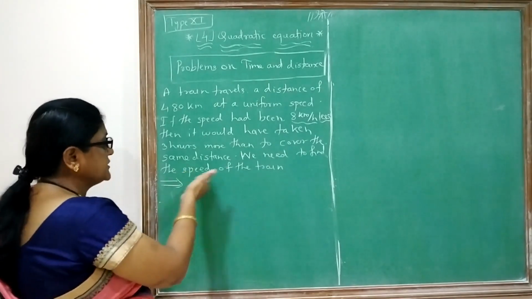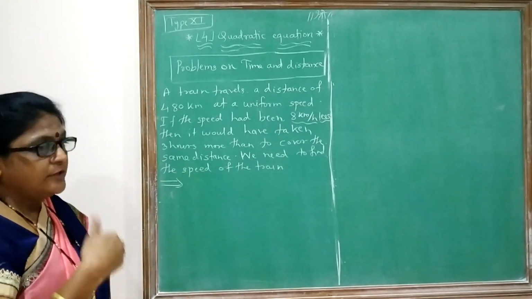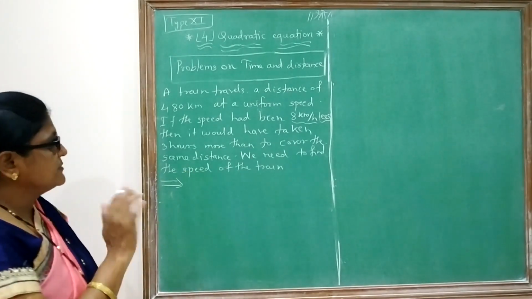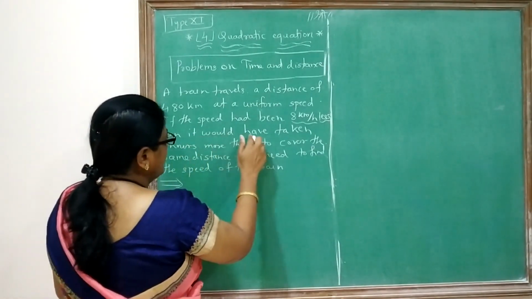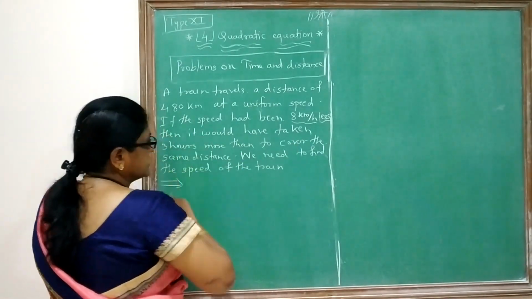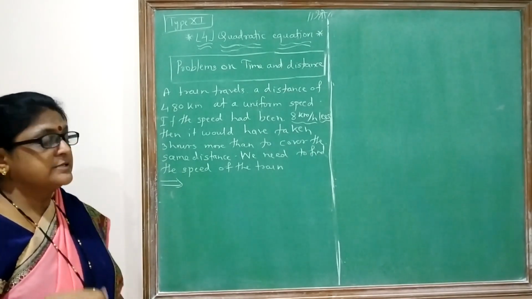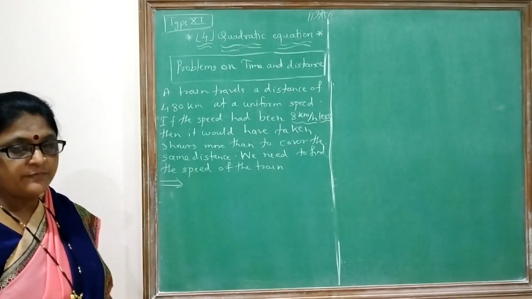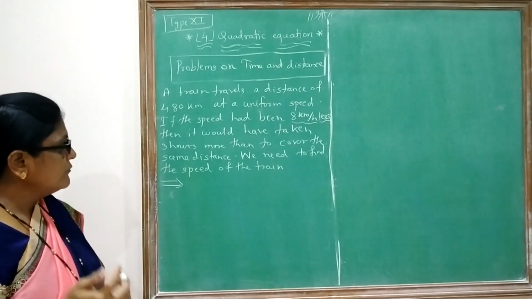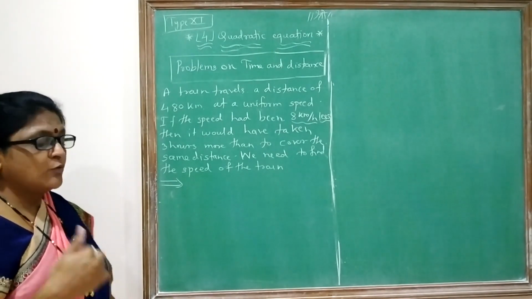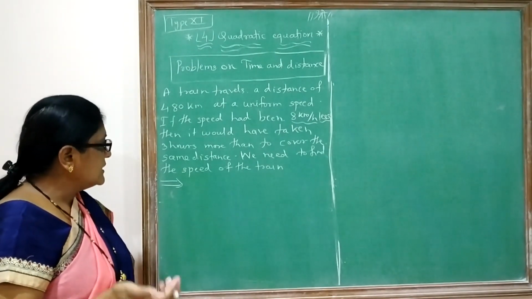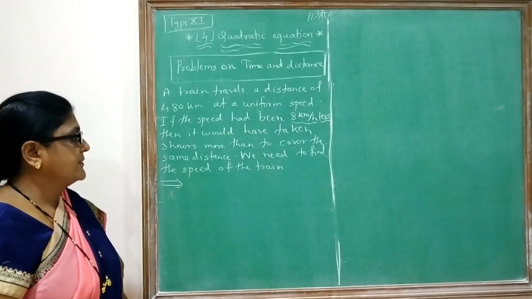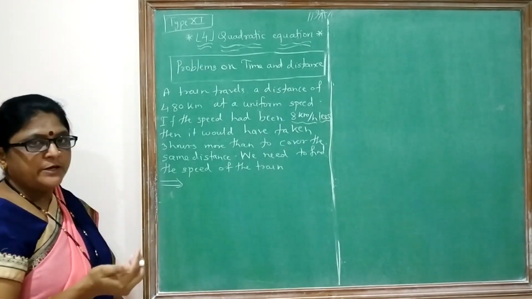We will suppose here the speed of the train is x, then the new speed is x minus 8. Then it would have taken 3 hours more to cover the same distance. We need to find the speed of the train.